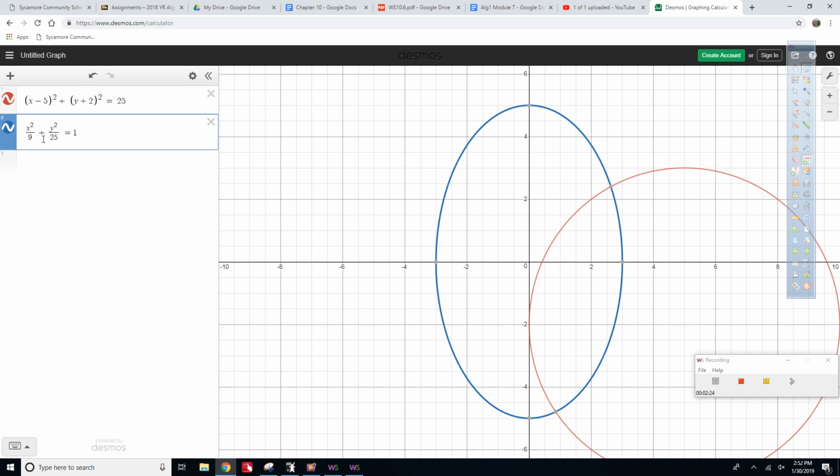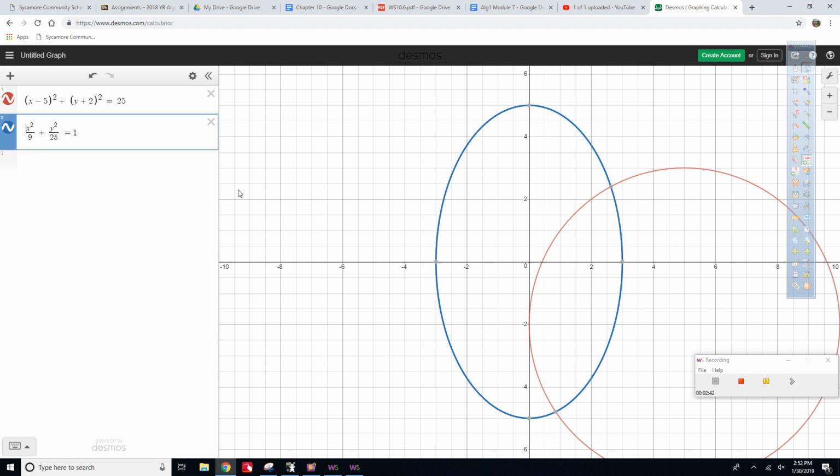Alright, that's a vertical ellipse. Notice it's bigger in the y direction, so that means its major axis is 10, the square root of this times 2. Its minor axis is 6, the square root of this times 2.